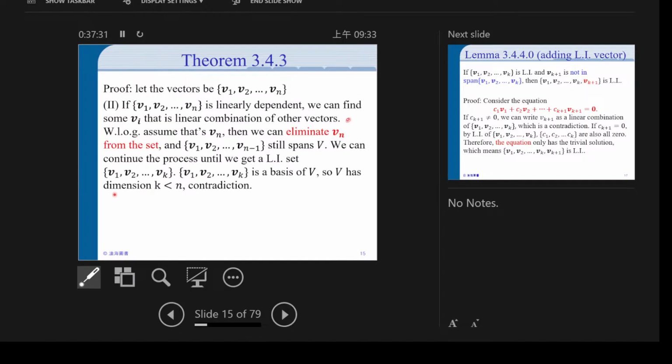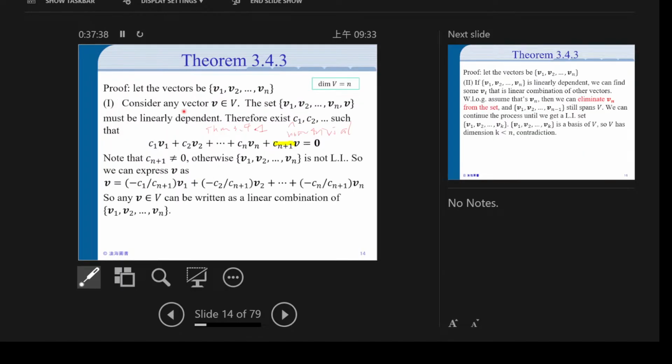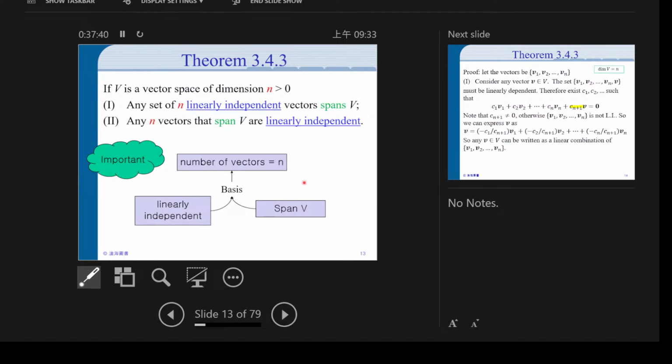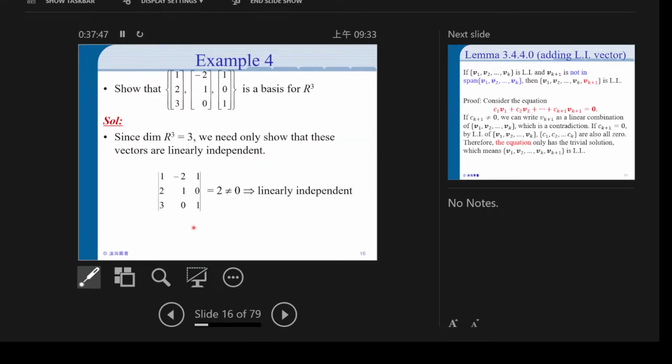But now we know that R3 has dimension 3, and we have three vectors here, so we only need to check one of the two properties. So here we check that they are linearly independent, and from the previous section we know that we can check whether the determinant equals 0. Because the determinant is not 0, we know they are linearly independent, and it's a basis. Okay.